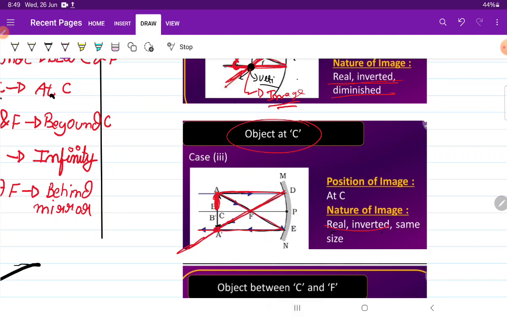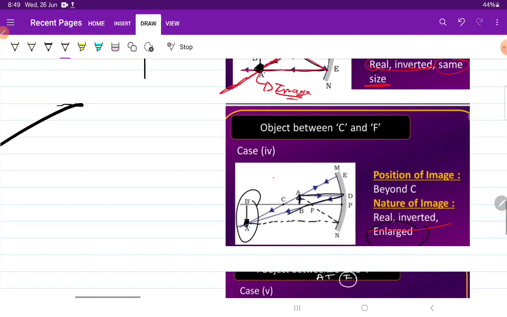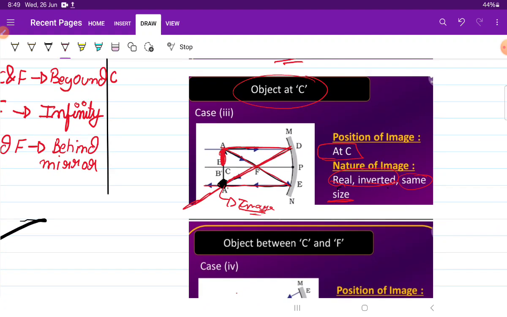Then both rays meet at this point, so the image will be formed over here, at C. The position of the image is at C, and the size of the image is the same as the size of the object. It is real and inverted. So this is the nature of the image for the object at C.